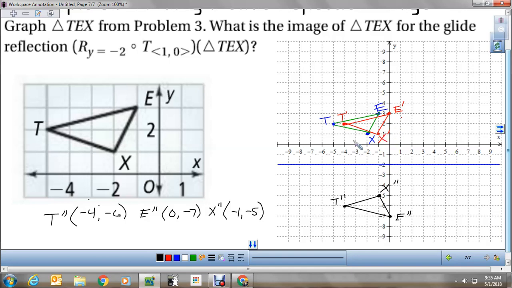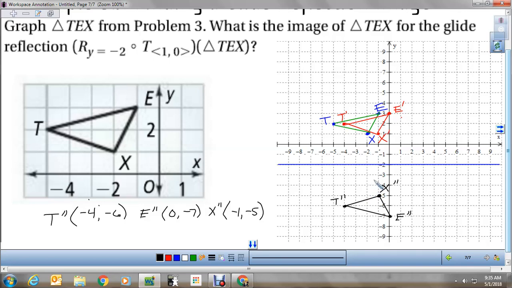Now we reflect it across the line y equals negative 2, a horizontal line that crosses the y-axis at negative 2. This red triangle becomes our black triangle, with T double prime at negative 4, negative 6, E double prime at 0, negative 7, and X double prime at negative 1, negative 5. This is a glide reflection: we slid it once and then reflected it.